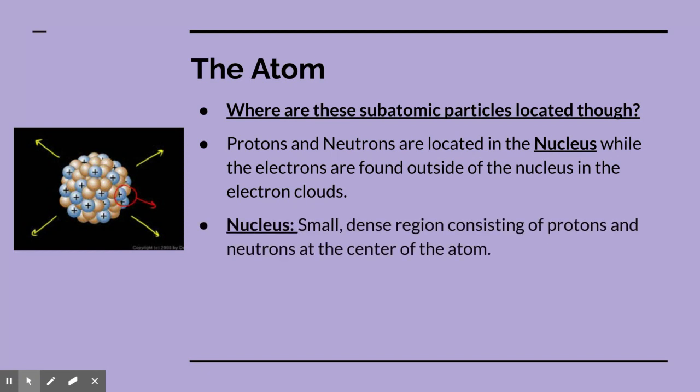So what is the nucleus? The nucleus is a small, dense region consisting of just the protons and the neutrons at the center of the atom. It's super dense. A guy named Rutherford was the one that discovered this.